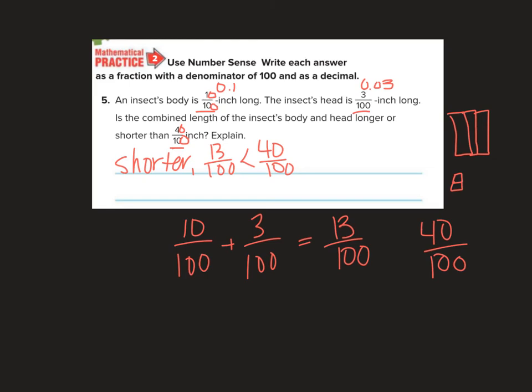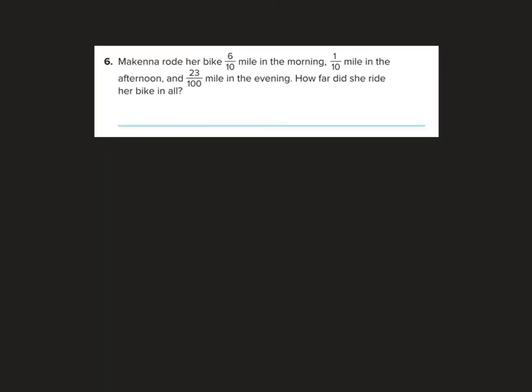Okay, let's go to the next one. McKenna rode her bike 6/10 of a mile in the morning, 1/10 of a mile in the afternoon, and 23 hundredths of a mile in the evening. How far did she ride her bike in all? Okay, so let's get that common denominator of 100. If we've got 100, then we've got to make them all hundreds. If they were all tens, we'd do tens, right? Because then we could add those tens together, but we can't.